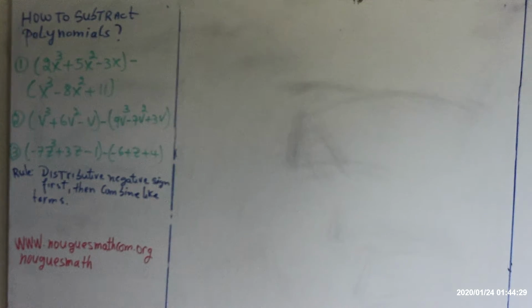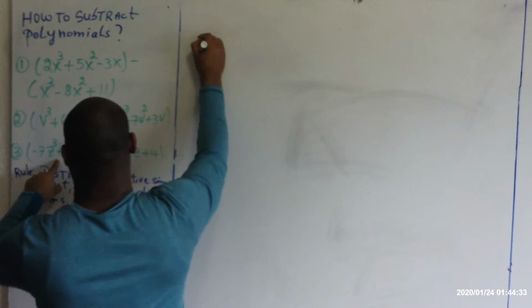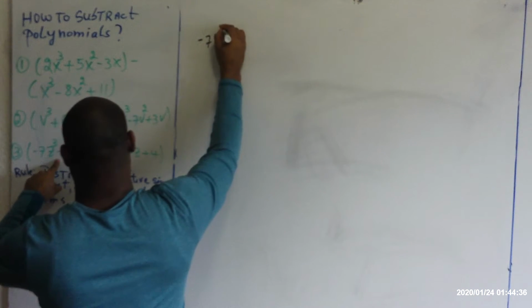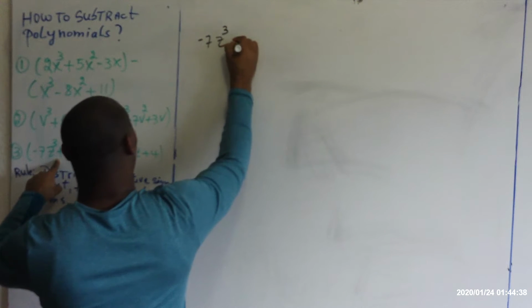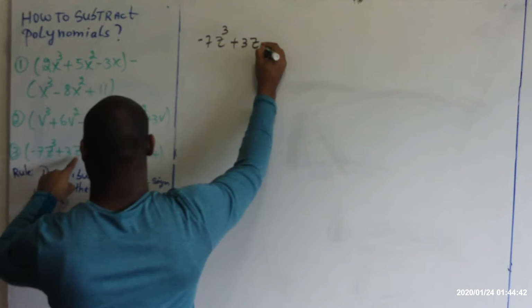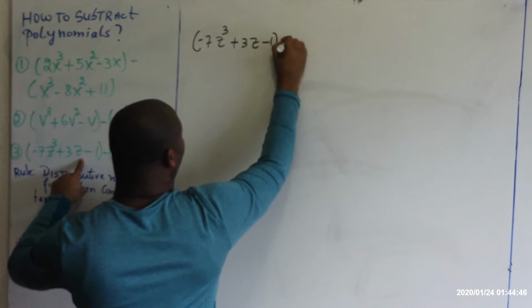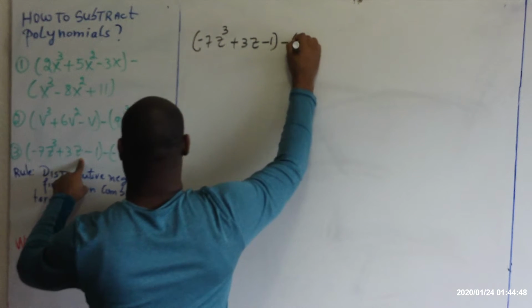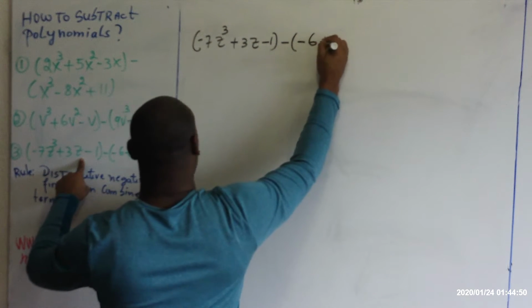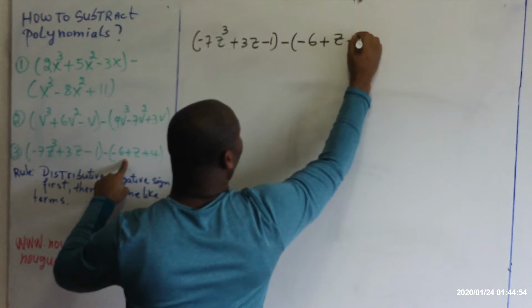Alright, the last one is negative 7z to the 3 plus 3z minus 1 minus 6 plus z plus 4.